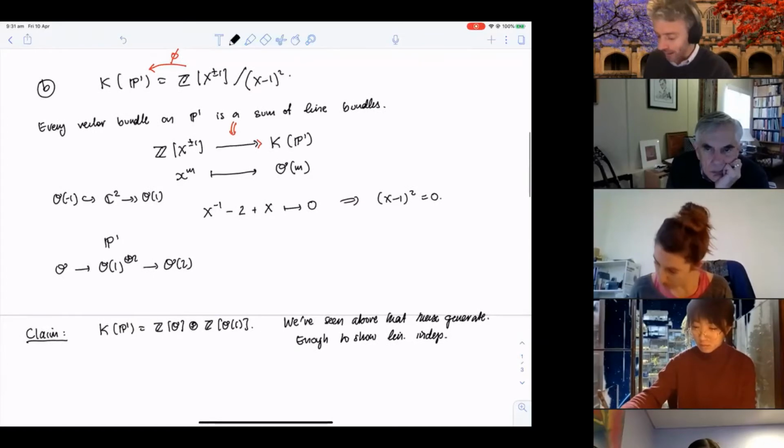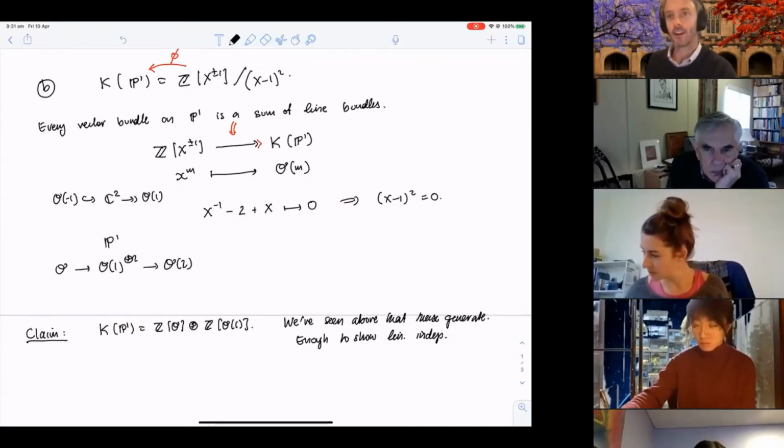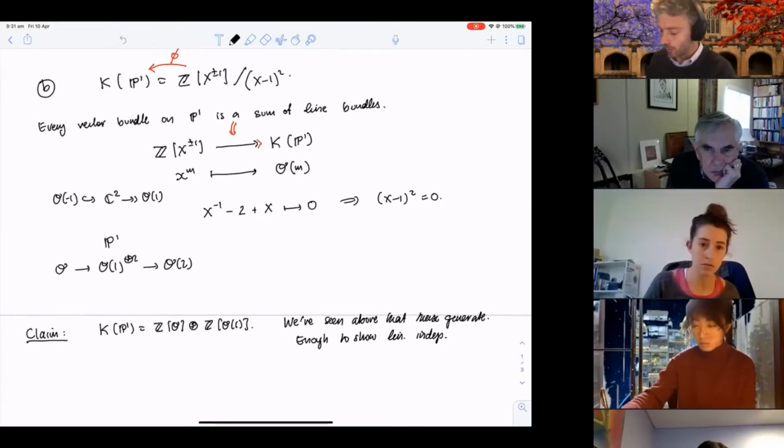This is a very, very simple example, but it's really fun to go through these simple examples carefully. So let's prove this in two different ways.